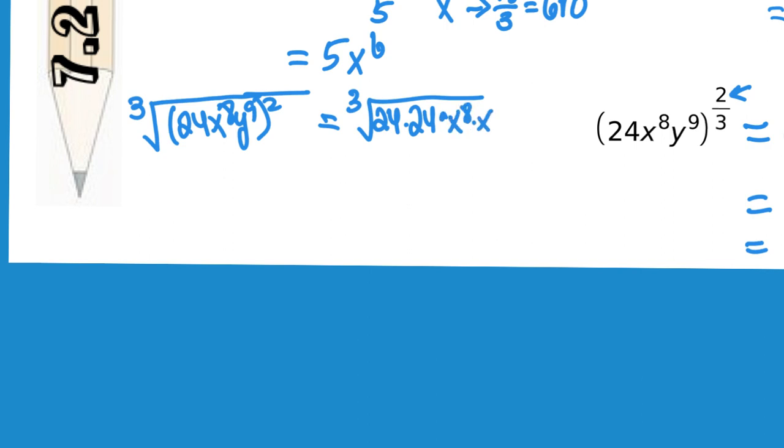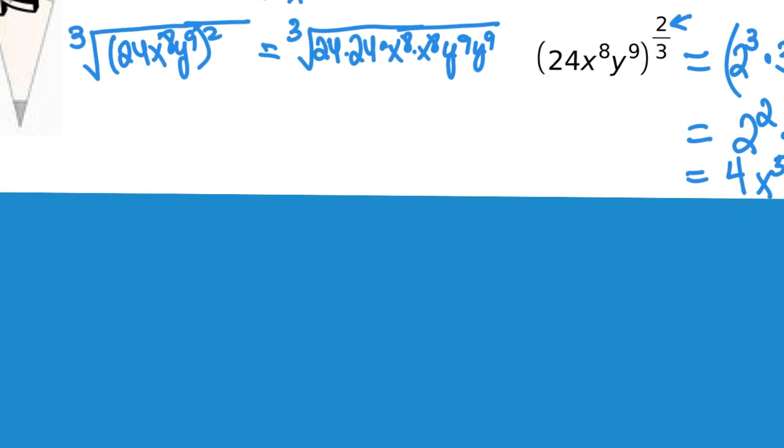X to the 8th, x to the 8th, y to the 9th, y to the 9th. So then you got to think about your 24, correct? Now we've already done it on the other side, so we know that it's 8 times 2 times 8 times 2. Wouldn't this just be x to the 16th? This would be y to the 18th.